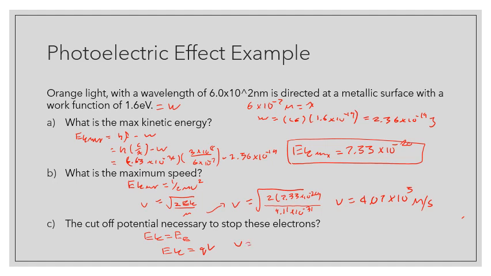So voltage is equal to Ek over Q. So that's equal to 7.55 times 10 to the negative 20 over 1.6 times 10 to the negative 19. This 1.6 times 10 to the negative 19 is the charge of the electron. So this comes out to be 0.472 volts. So there we go.